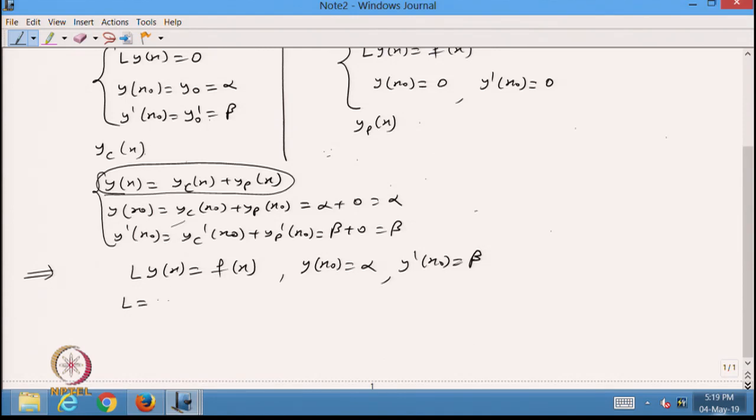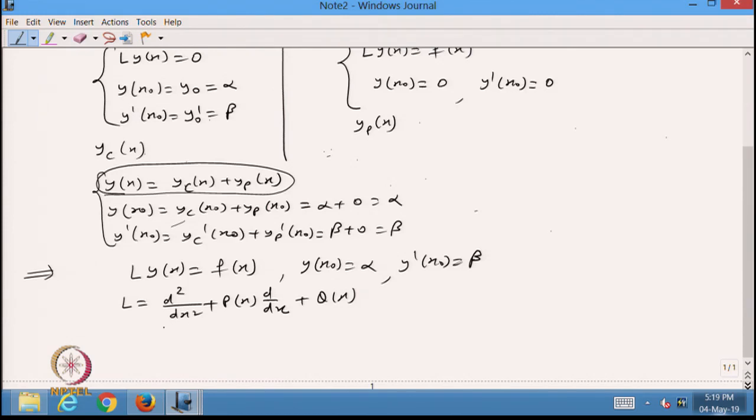And my L in this case is d square over dx square plus p(x) d by dx plus q(x). This is the same as we defined in the last class. So this is a linear second order differential operator.